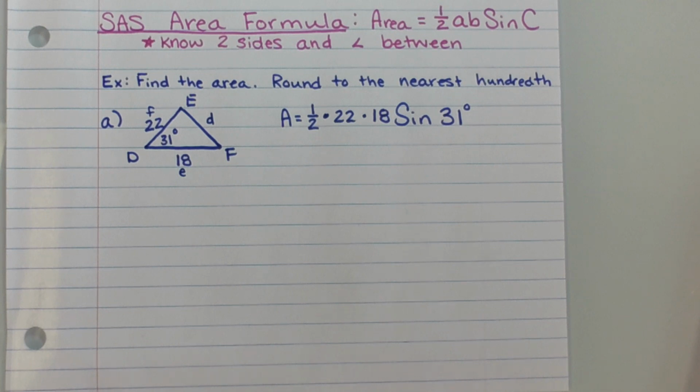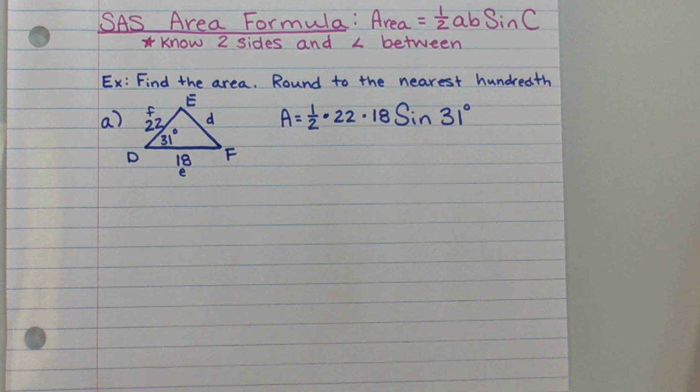So, we plug what we know into the formula and we grab a calculator and we start typing things in. Rounding to the nearest hundredth is how many decimal places? 2.